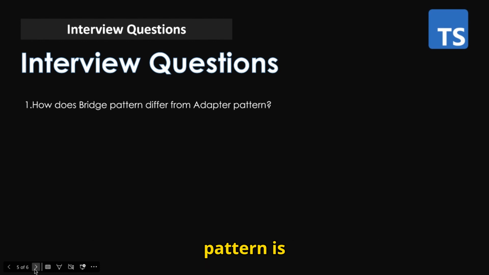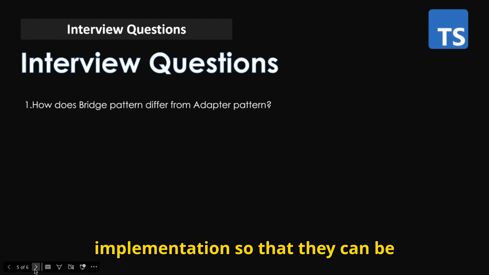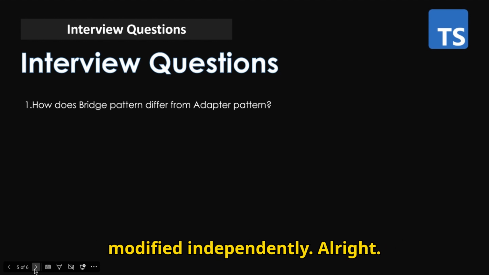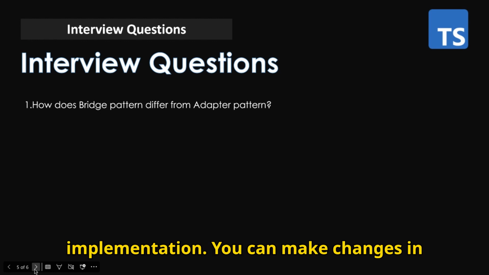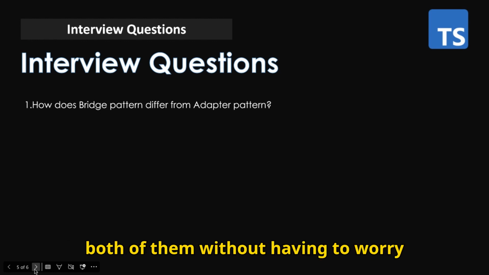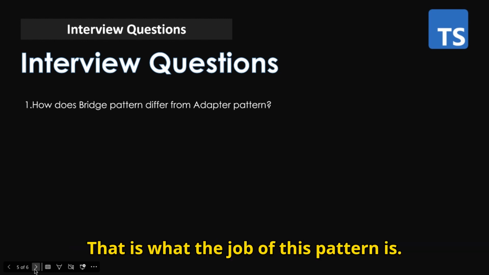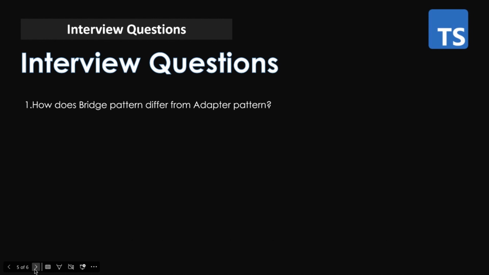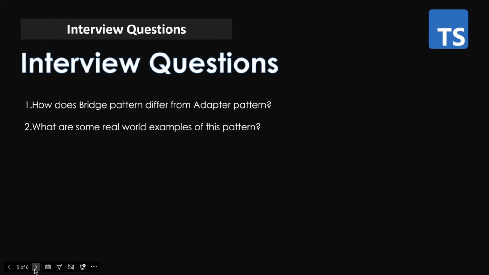Whereas bridge pattern is about separating an abstraction from its implementation so that they can be modified independently. Alright, there was an abstraction and there is an implementation. You can make changes in both of them without having to worry about making changes at multiple places. That is the job of bridge pattern. Second one, what are some real world examples of this pattern?